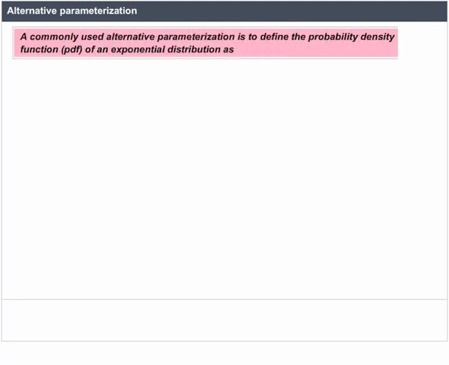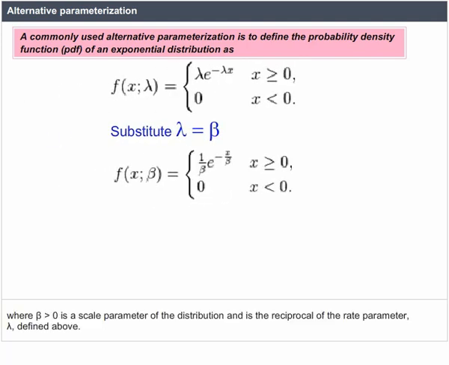Alternative parametrization. A commonly used alternative parametrization is to define the probability density function of an exponential distribution with beta greater than 0 as a scale parameter of the distribution, which is the reciprocal of the rate parameter lambda defined above.